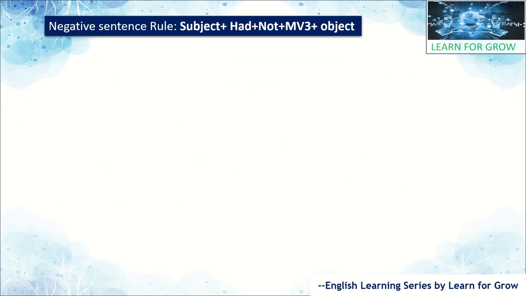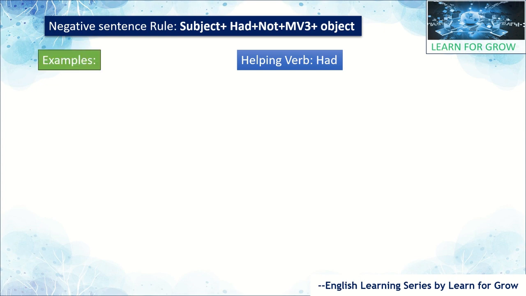See here the rule: subject plus had plus not plus main verb form 3 plus object. Here we also use the helping verb had. Let's have an example, from which we can understand.